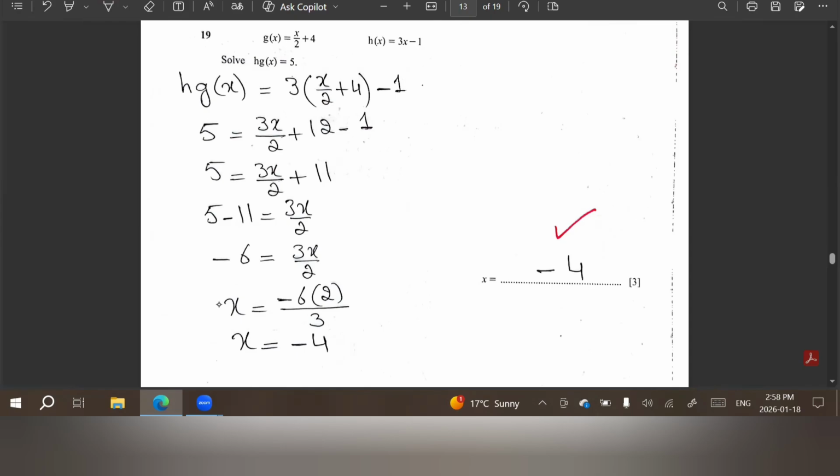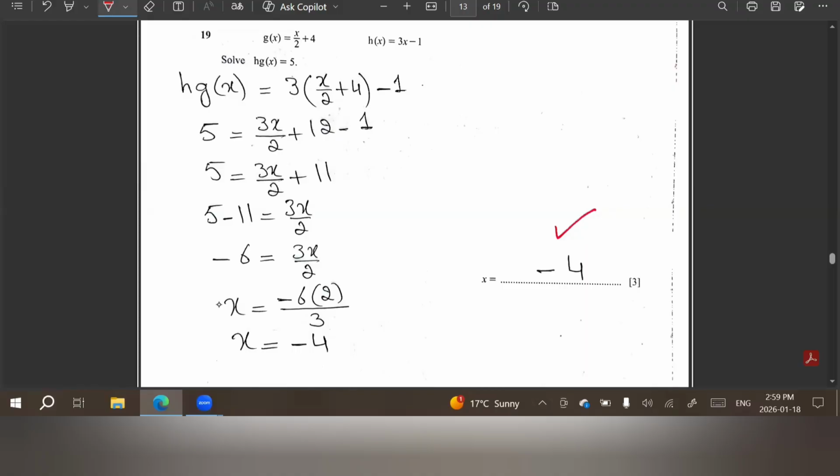This value is already given, you can see here. So 5 is equal to 3x by 2 plus 12 minus 1. So this will become 5 equals 3x by 2 plus 11. So 5 minus 11 equals 3x by 2. So this will become minus 6 equals 3x by 2.